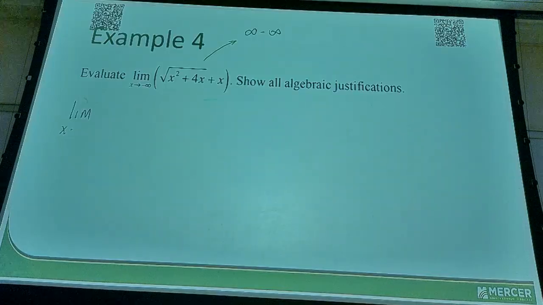So the idea is find a function identical to that given function everywhere except quote unquote at negative infinity. Take a conjugate.